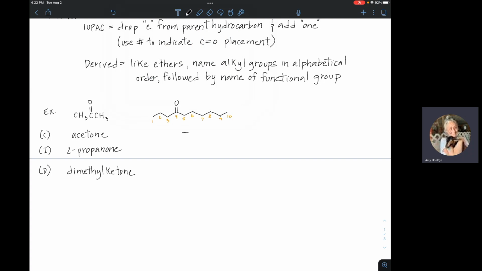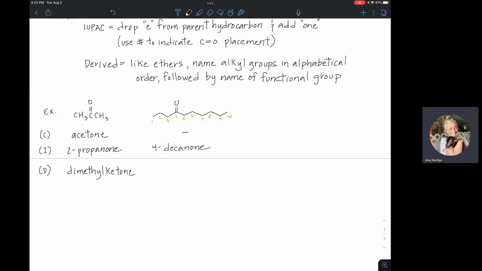So what I have here is 4-, and then the prefix for 10 is deca. So this would be decane, but it's decanone instead. What that tells somebody is that we have a 10 carbon molecule. Our longest continuous chain has 10 carbons, and on the 4th carbon we have our carbonyl, and so this ON tells us it's a ketone.